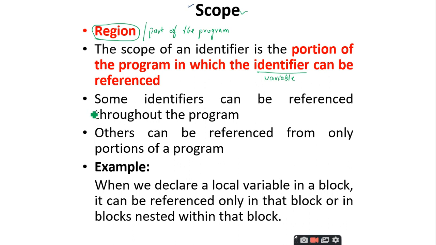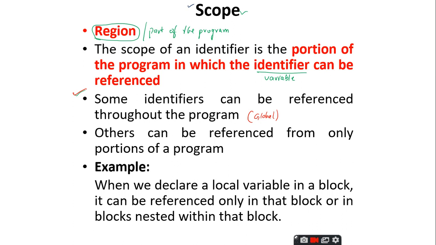Right. So some identifiers can be referenced throughout the program, and those variables we call global variables. We have seen the difference between local and global variables. Local variables are declared within the function, global variables are declared outside all the functions, and global variables can be accessed by all the functions, whereas local variables can be accessed only by that particular function.